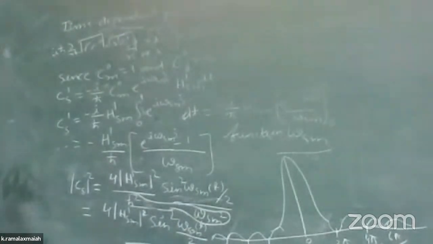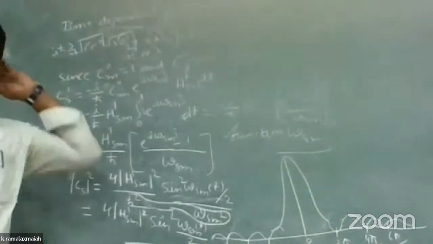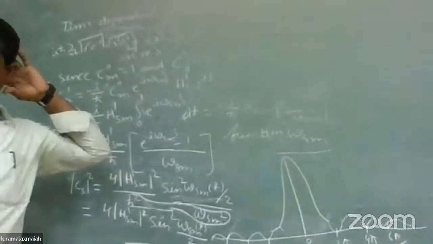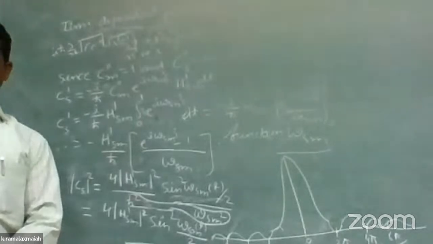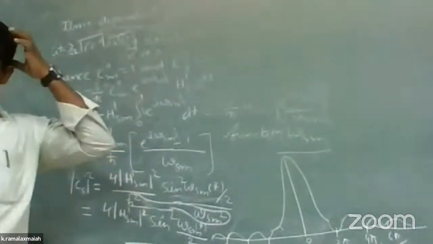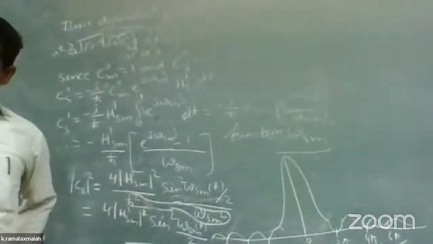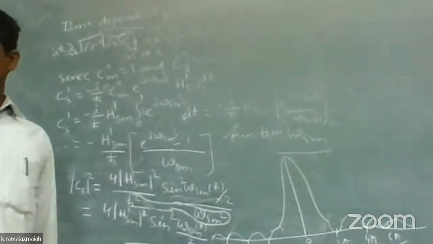So the height of the main peak is proportional to the t^2 value, and the breadth is decreasing, proportional to 1/t. The area under the main peak increases, proportional to t.